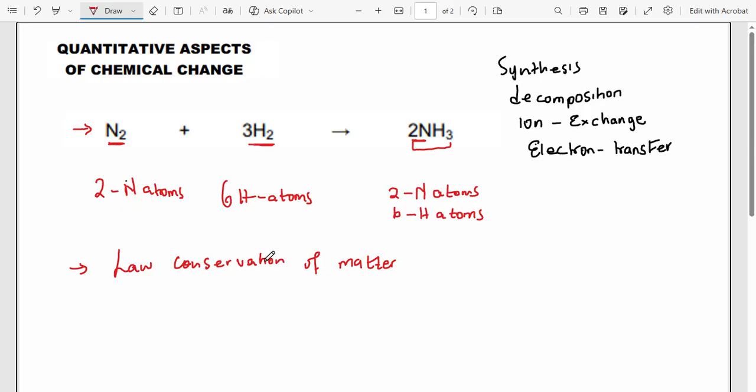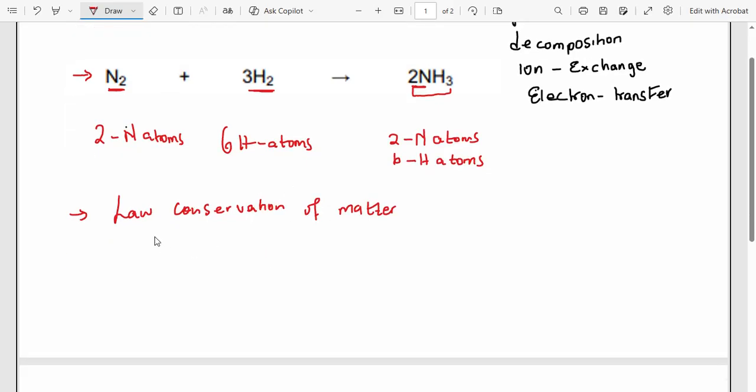So in a complete reaction, the law states that the mass of the reactants should be equal to the mass of the products. I hope you are with me on that.